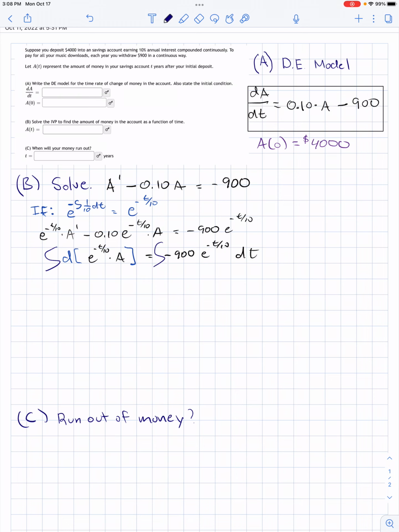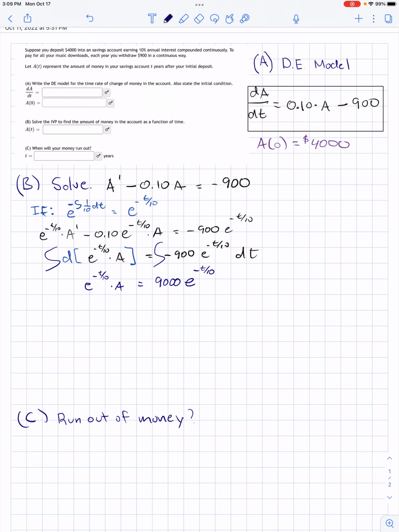And once we integrate, the integral of a derivative essentially cancels it out. So we're left with e to the negative t over 10 times A being equal to, when we take the integral, it's essentially itself, e to the negative t over 10, but we have to take into account that fractional part, so we end up with 9,000 e to the negative t over 10.